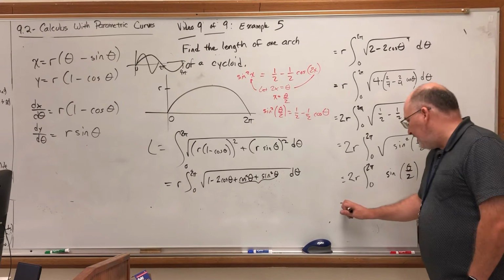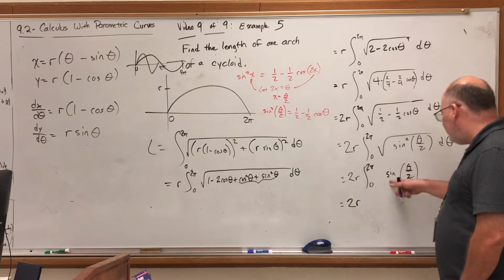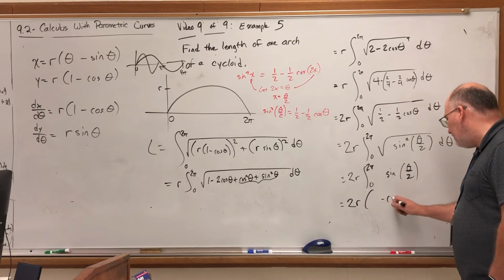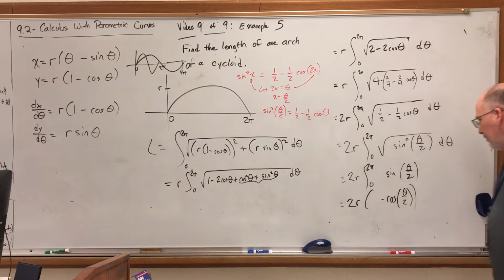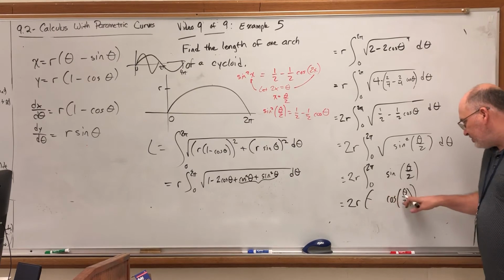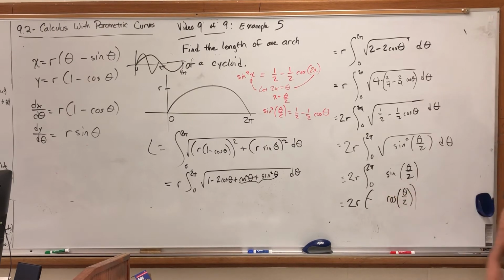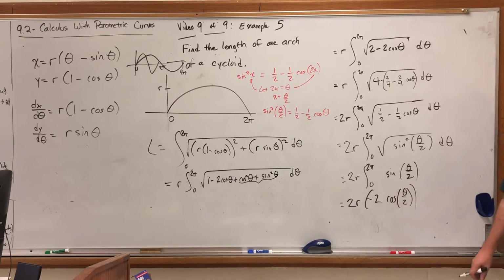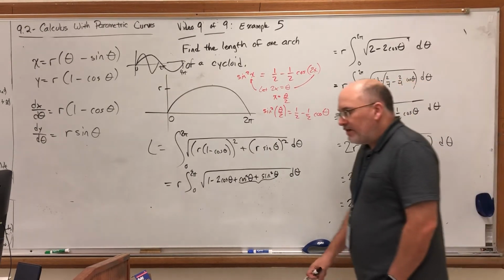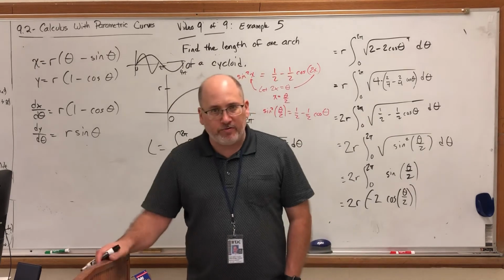The antiderivative of this technically requires a u sub. The antiderivative of sine is negative cosine theta over 2. But if we were to take the derivative of this, we would pick up an extra 1/2. And we don't want the 1/2, so we need a 2 to balance it. It's your pretty standard u substitution without doing it, where your u substitution's derivative is a constant.